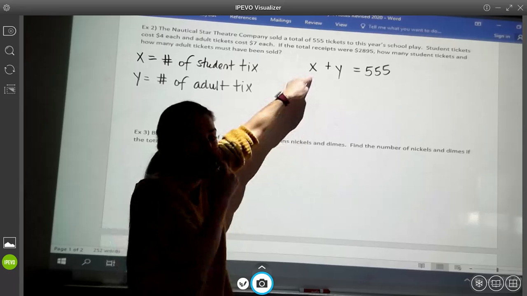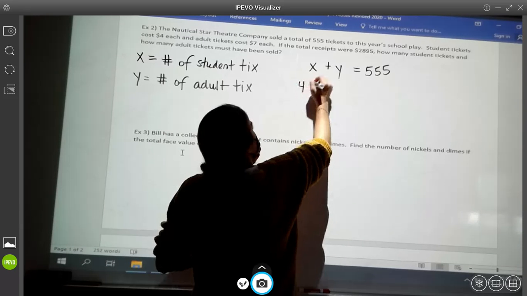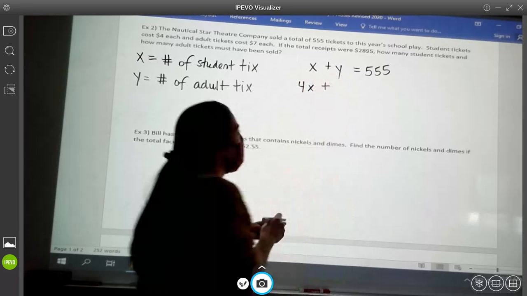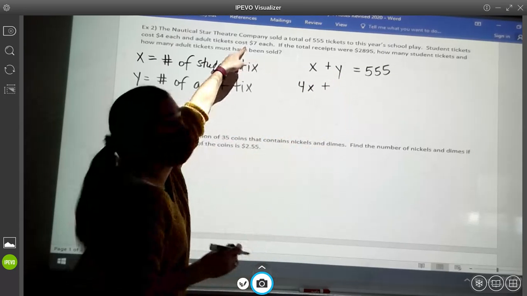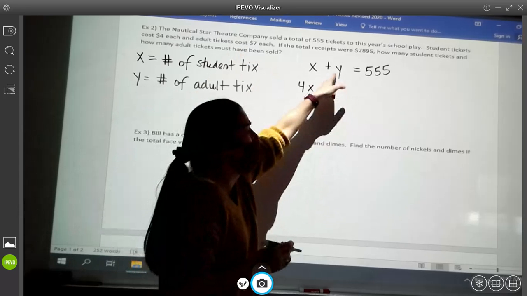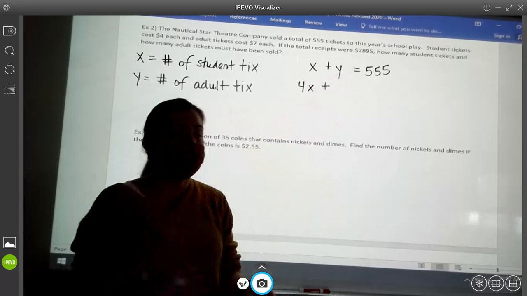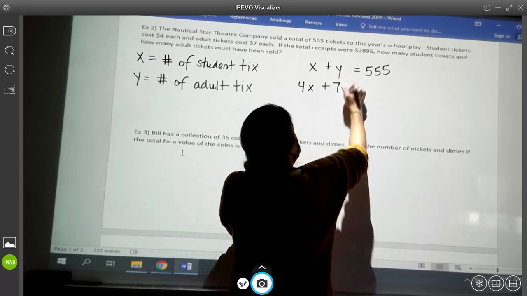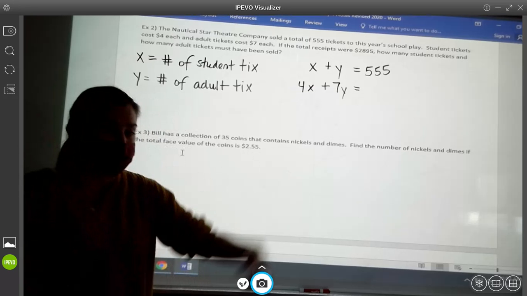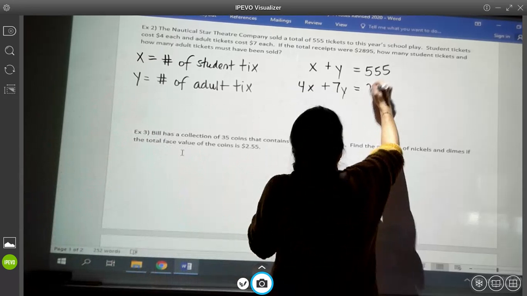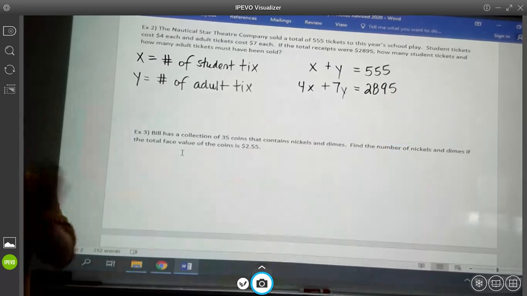How do I show $4 per X? 4 times X. Plus, if this is how many adult tickets got sold, each adult ticket costs $7. So that's $7 per Y. How do I show $7 per Y? 7 times Y. And then it has to equal the total amount of money they made off of these sales: $2,895. And now you've written 2 separate equations using those 2 variables.